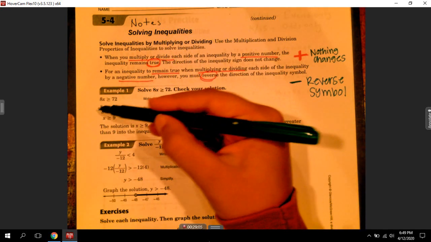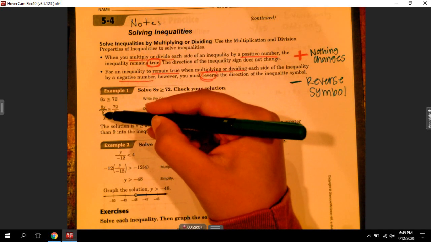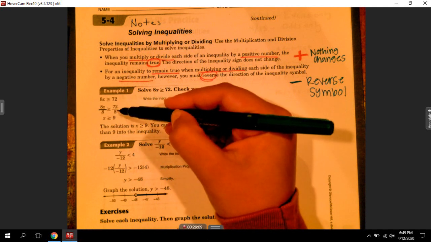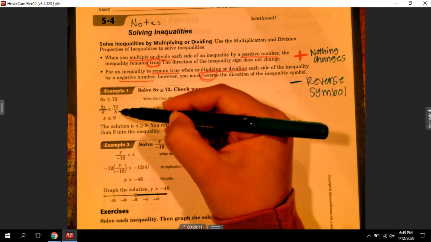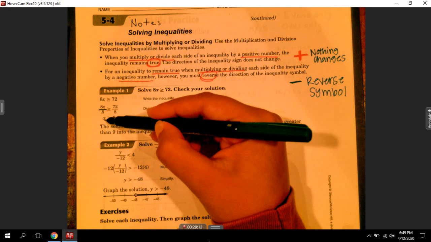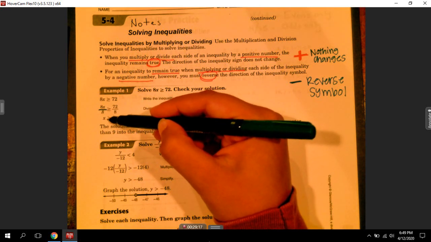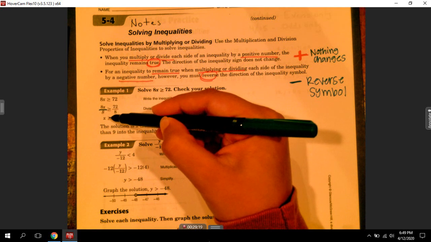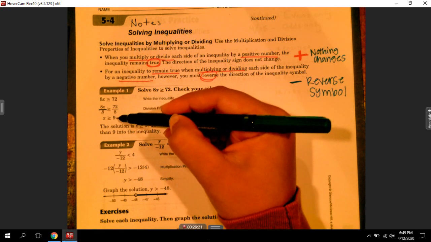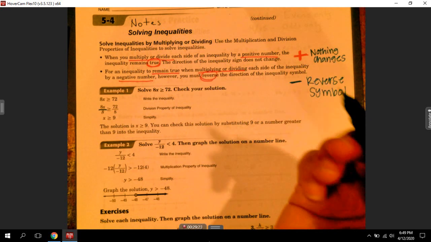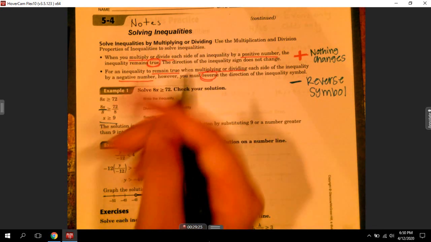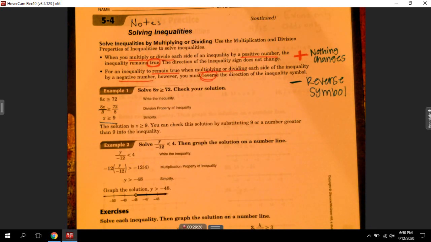So 8x divided by 8. You divided the left hand, so you have to divide the right hand. Then you're left with x over here. I divided by a positive number, so the inequality does not change. It is still greater than or equal to. And then 72 divided by 8 gives you 9. So x is greater than or equal to 9.